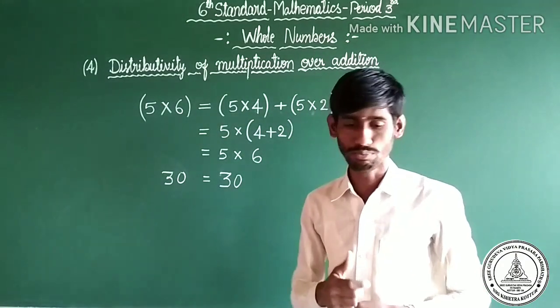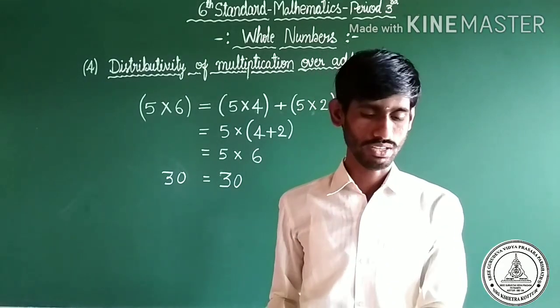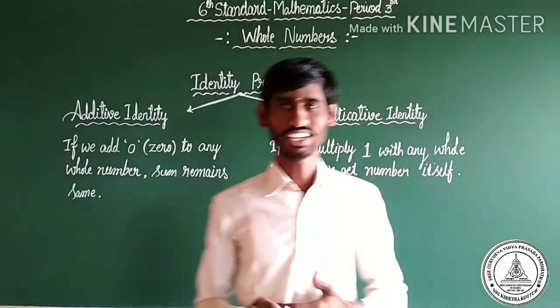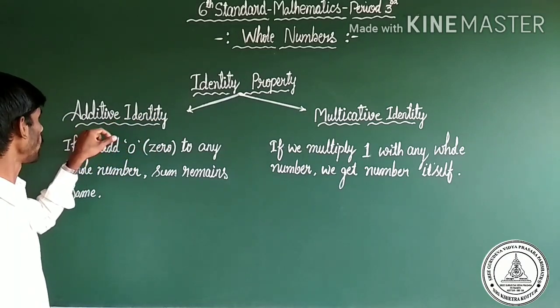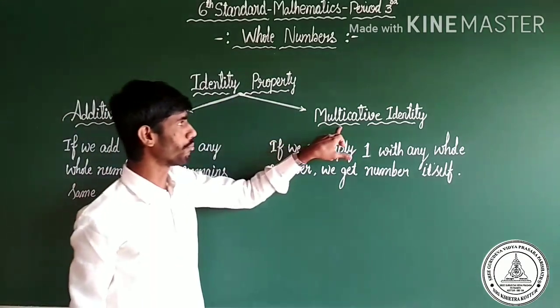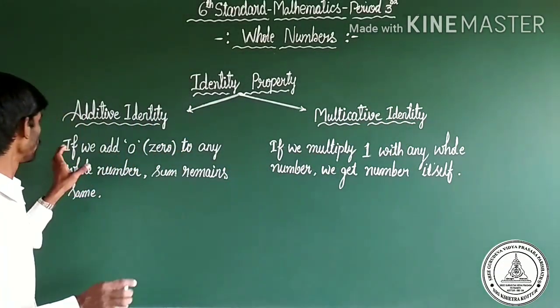Let us move on to identity for addition and also multiplication. Identity property. In the identity property, there are 2 sub-properties, additive identity and multiplicative identity. Very interesting. Observe here.